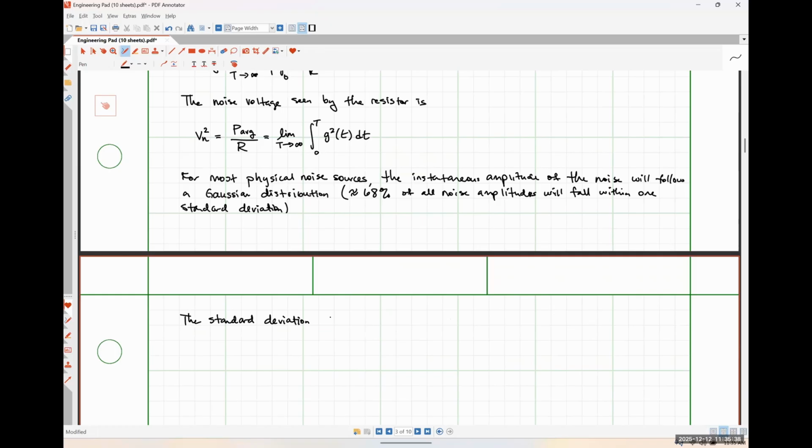The standard deviation of the average noise voltage is the RMS noise voltage.